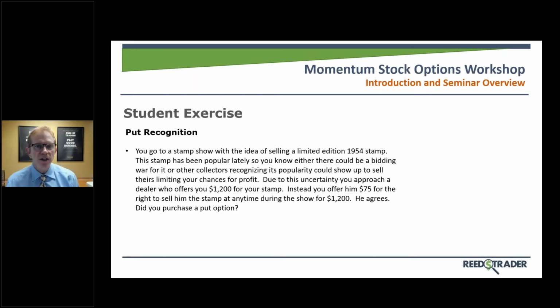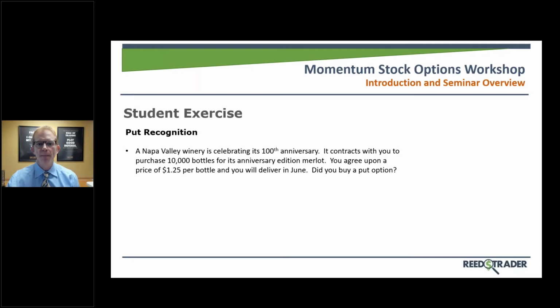You would subtract the $75 you paid him, reducing your sale price to $1,425. But that's still much higher than the $1,200 he offered you at the beginning of the show. So you had flexibility, you had leverage to go out and seek a better deal. So yes, you paid for the right to sell him the stamp.